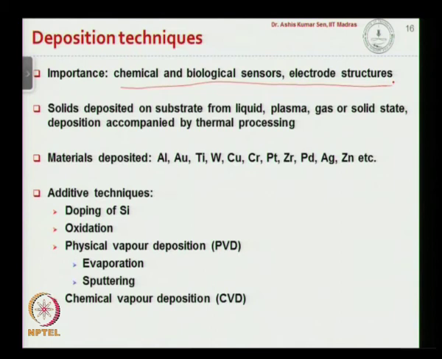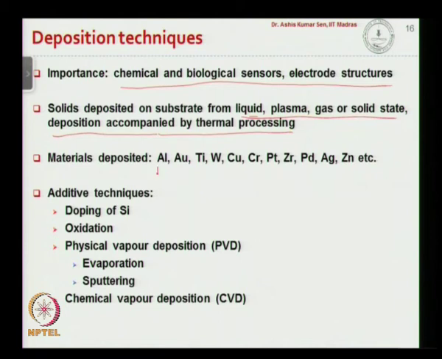To deposit materials or metals on the substrate, they can be deposited from different sources: liquids, plasma, gas, or in some cases solids. And these deposition techniques are actually done at high temperature, so they need thermal processing to achieve the deposition.